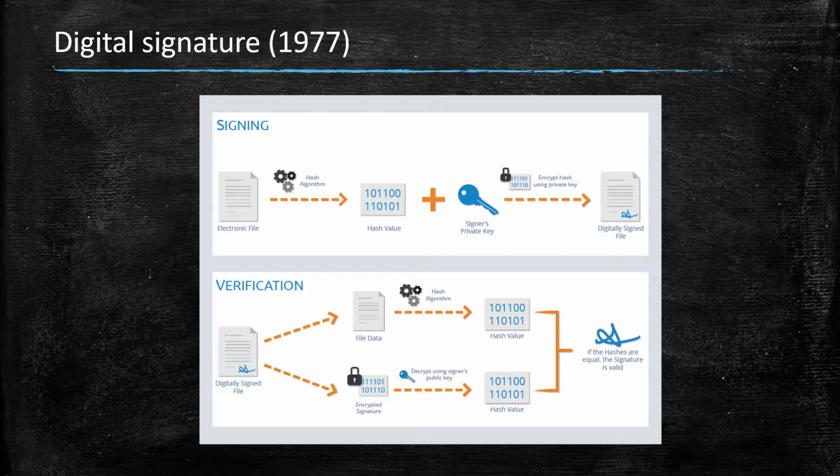So usually what happens is documents are first hashed before being signed, essentially for efficiency purposes, and because we assume that the hash functions we're using are collision resistant. So the hash that is created is signed with the private key, and a signature only makes sense when it comes with the document.